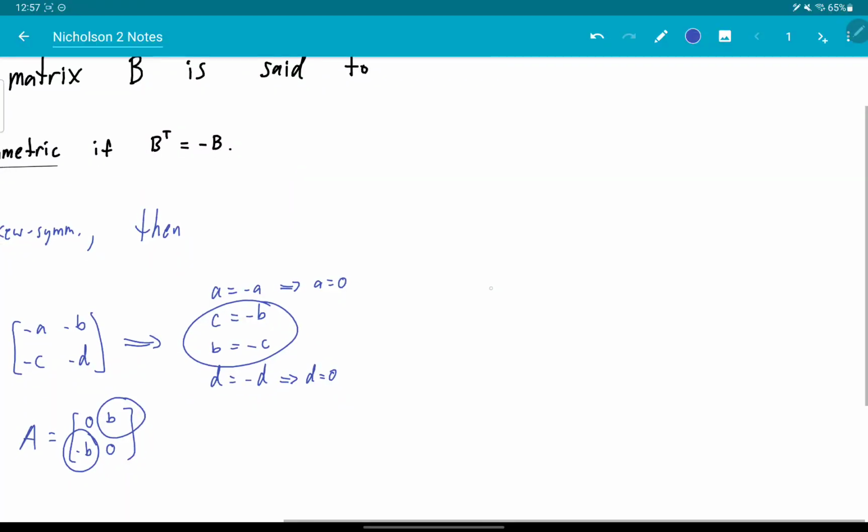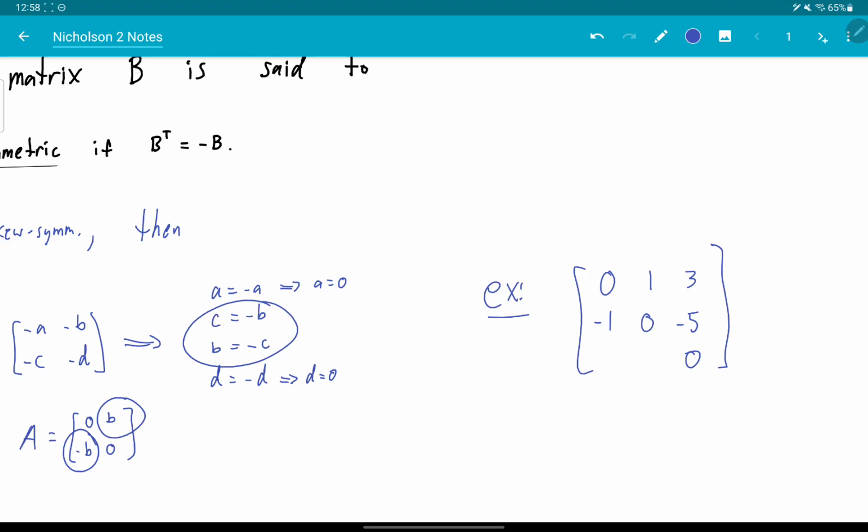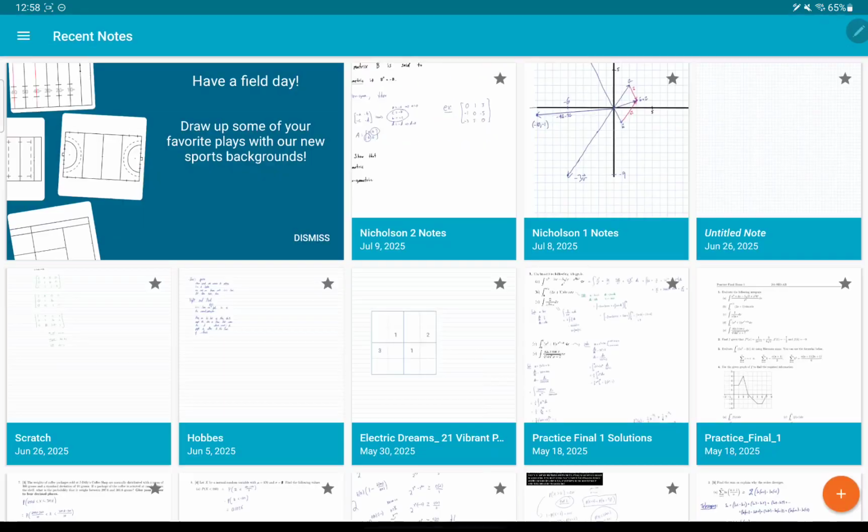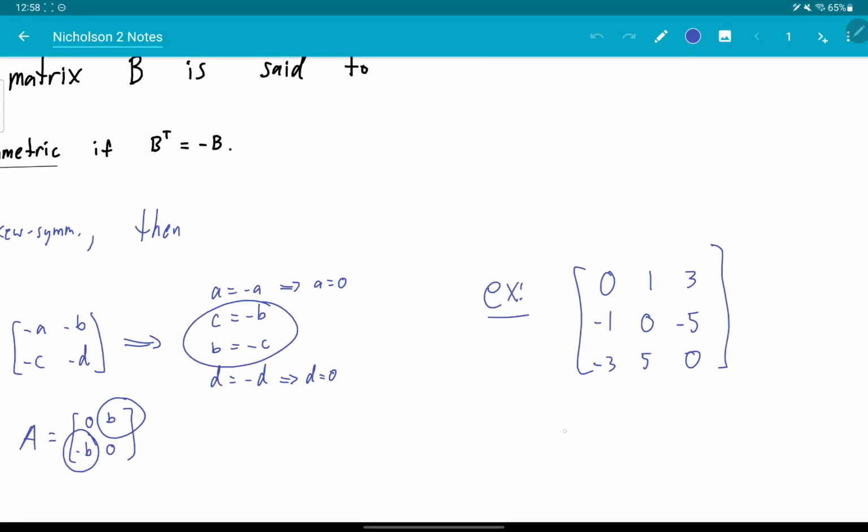So, some more examples would be, say in the 3 by 3 land, if I go 1, 3, negative 5, the mirror image across the diagonal has to be the negative of the original. So this is skew symmetric.